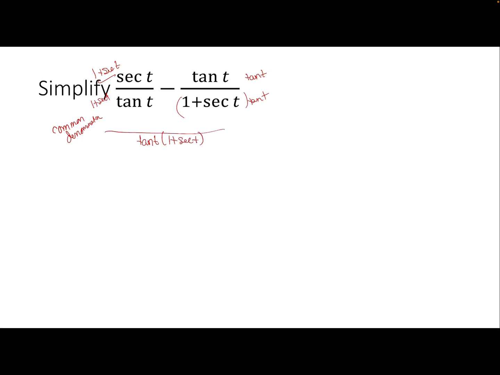And in the numerator of the first term, we will have a secant times a 1 plus secant. So a secant of t, if I distribute through, plus a secant squared of t. And then we'll have a minus the tangent times tangent is tangent squared of t.